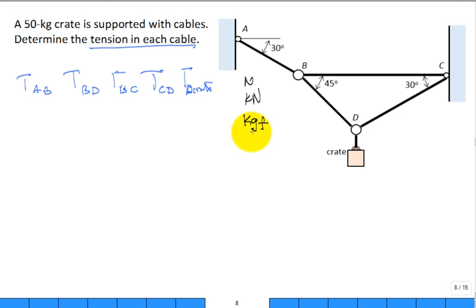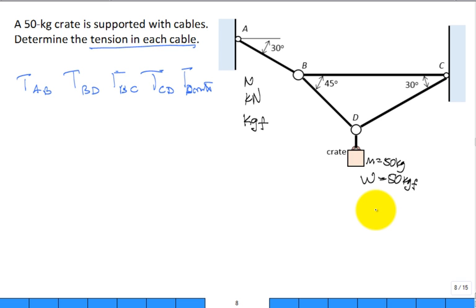Kilogram force? Well, let's take the easiest one. This one going right here down to the crate. All right, if that crate has a mass of 50 kilograms, its weight is also 50 kilogram F, kilogram force. Sometimes they even just leave off that subscript F. I know it's a little bit of slang, but it's very common in the world.